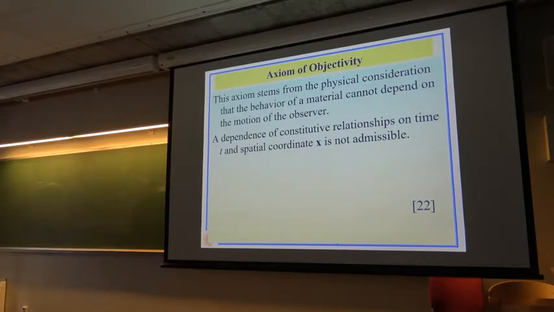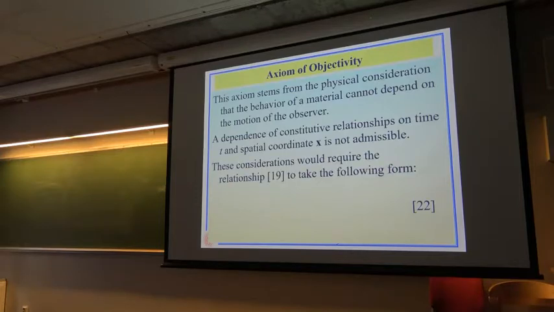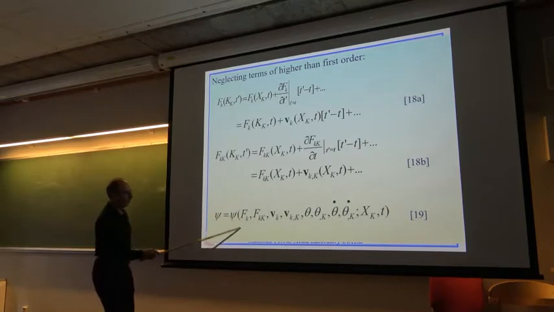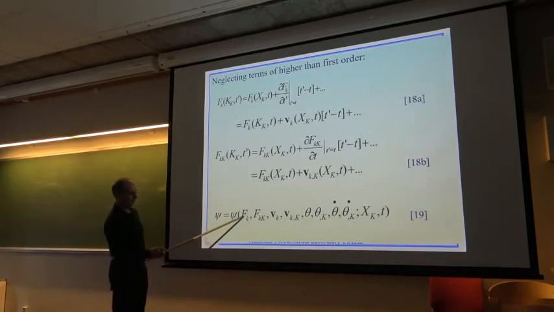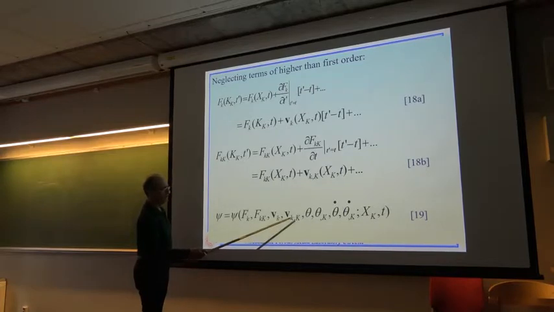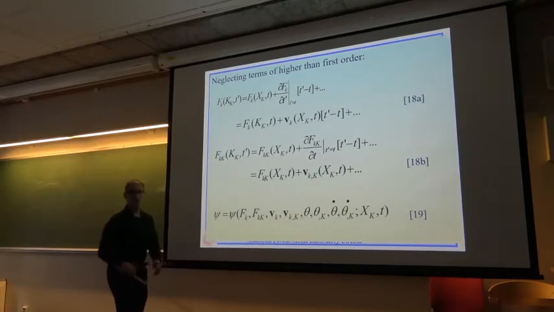Okay, so dependence on time and the coordinate is not possible, and that means, I should have written it here, from this list, this must go, because this is simply the position. This must go, it cannot be allowed, and time must go.